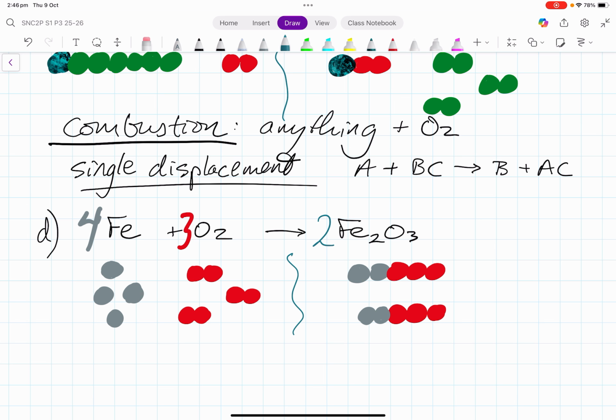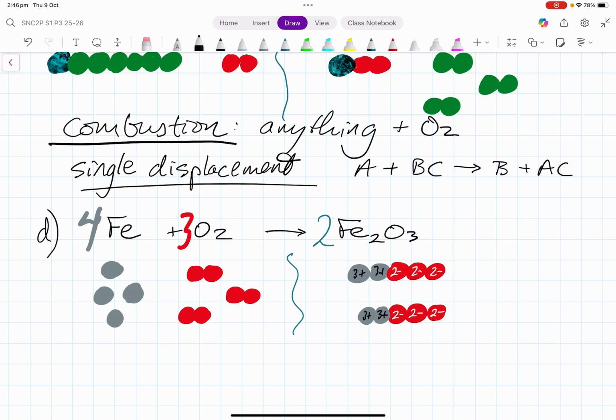Now watch this. I said the charges, everything will work out. 3 plus, 3 plus, 3 plus, 3 plus. So that's a total of 6. Check it out. Every oxide is a 2 minus, so that zeroes out. A formula unit is a total charge of 0. And there we go. But we didn't even need to do that.